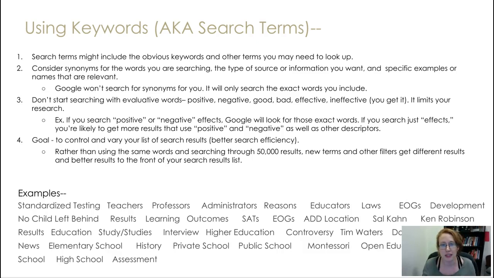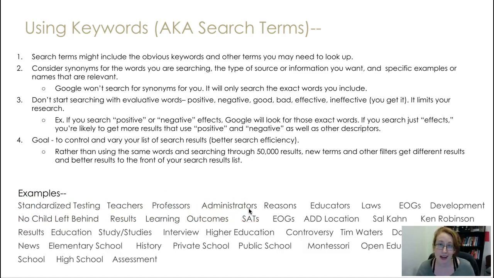So of course, again, the goal of this is to have better search efficiency, and I've got some examples at the bottom of this page. This is a list of what some possible keywords would look like, of all different levels, broad, specific, that kind of thing. If you were looking up standardized testing, the issue that we've been going with, it could be obviously standardized testing, teachers, professors, administrators.